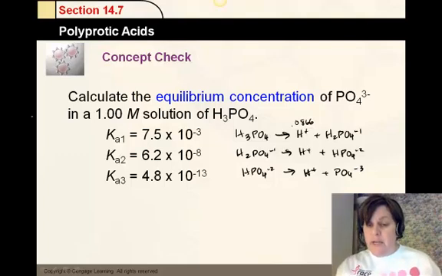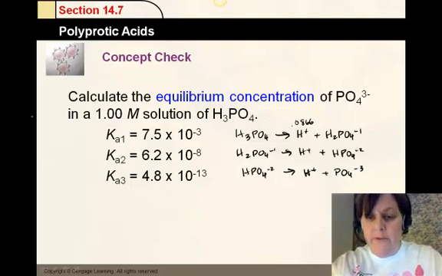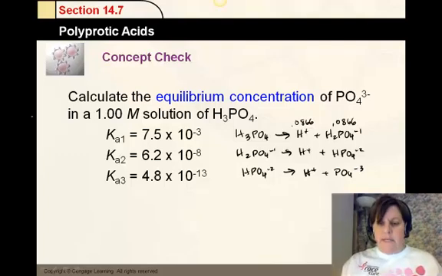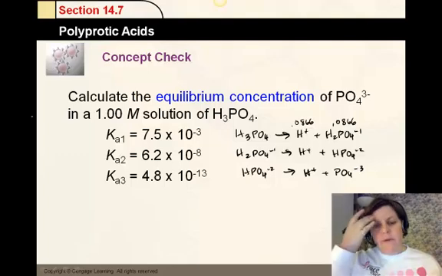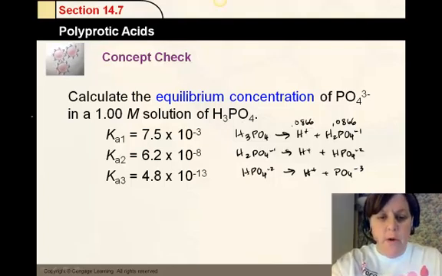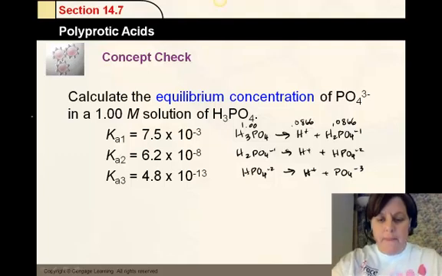That's also going to be the concentration of H2PO4 negative 1, 0.0866, because if it ionizes a certain amount, whatever the concentration of hydrogen is will also be the concentration of H2PO4 negative 1. The initial concentration of H3PO4 you can see is 1.